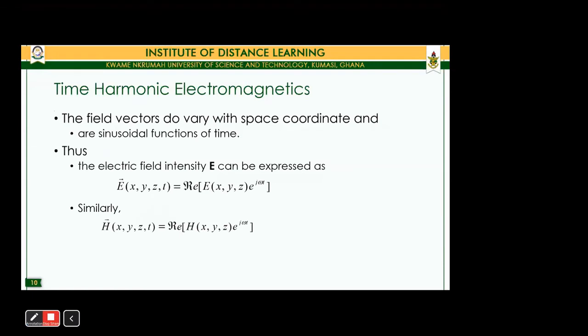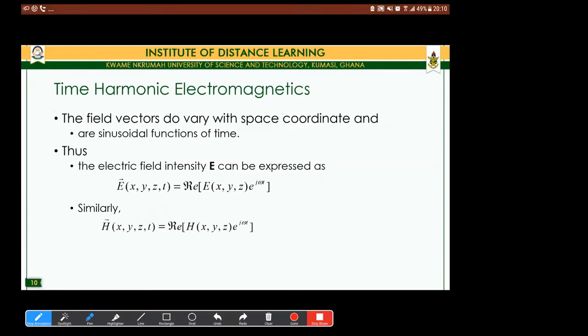Okay, so now this is where we begin to have a feel of electromagnetic field theory from this point going on. I told you that the electric field intensity and the magnetic field intensity are all a function of x, y, z, and t. That's in rectangular coordinates. They are a function of x, y, z, and they also vary with time.